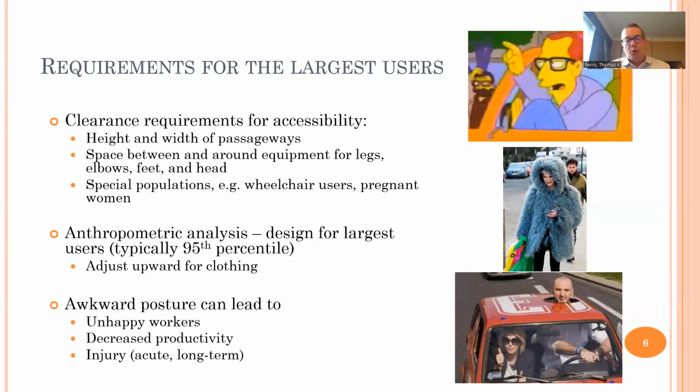They also have workers who are less than happy to go to work and be uncomfortable in that position. And it could actually lead to injury, which then, if it's a work system that you're employed in, the employer may be responsible to cover healthcare costs related to that. All right, so that's our largest users.